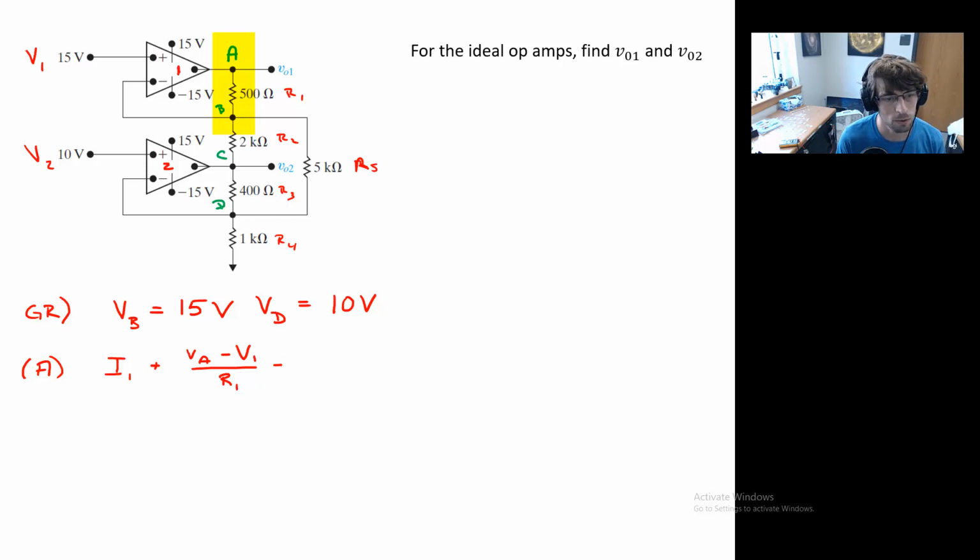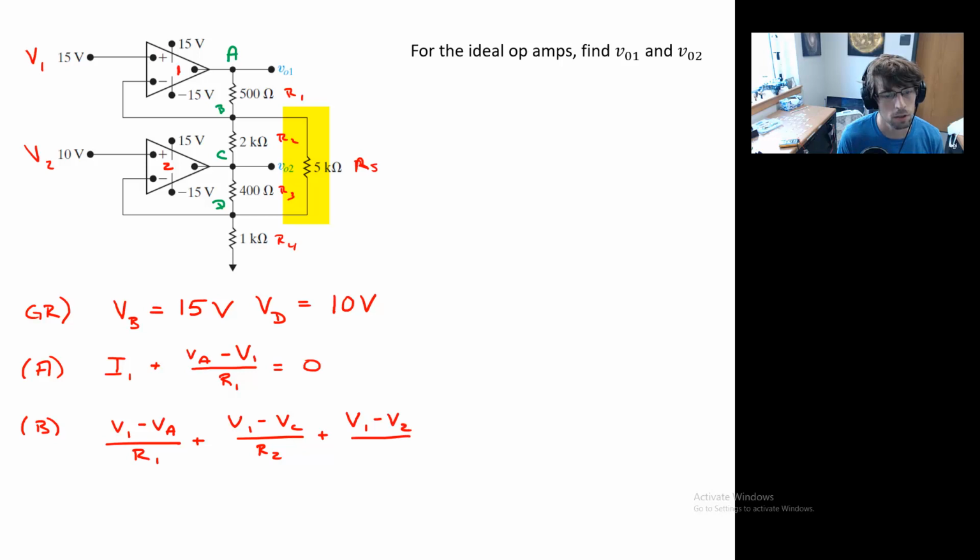Sorry. This whole thing equals 0. How about B? Well, we have V1 minus VA over R1 plus V1 minus VC over R2 plus V1 minus V2 over R5. And that whole rigmarole equals 0.